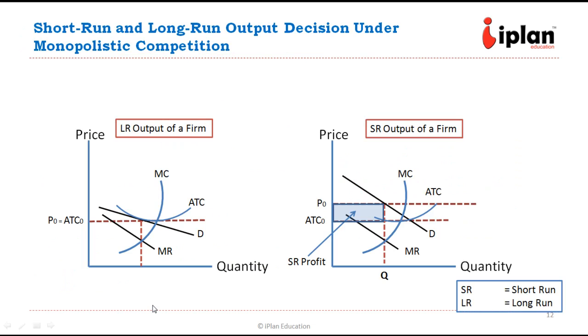There are two kinds of output decision, one in short run, one in long run. Let us look at the short run first. In the case of monopolistic competition, the demand curve and marginal revenue are not the same, which was the case with perfect competition.